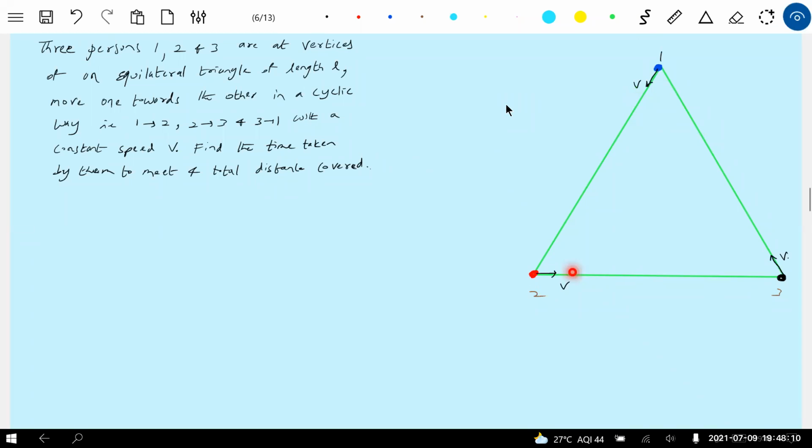Then 2 will be here. So its velocity, what happened now, will be directed in this way, no? So he will not be here, he will be somewhere here. 2 will be somewhere here. 3 will be somewhere here.